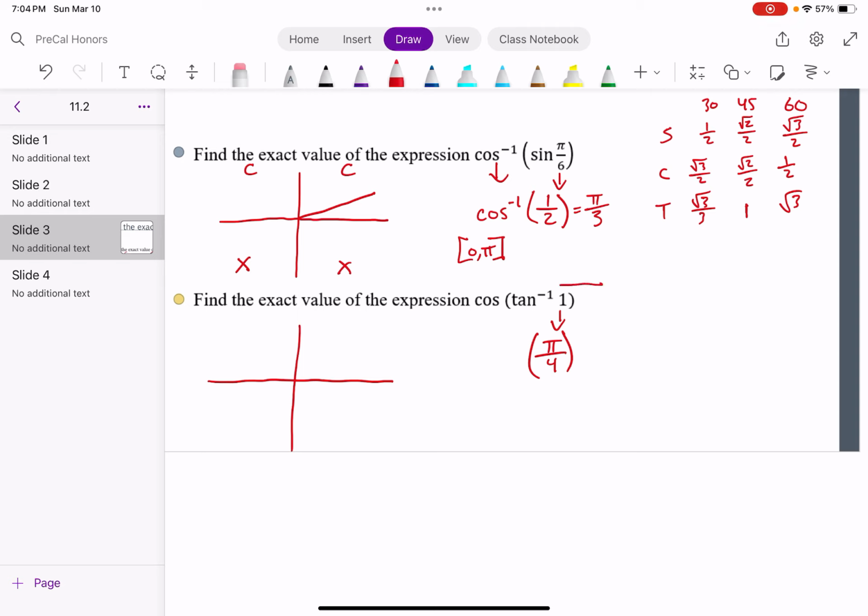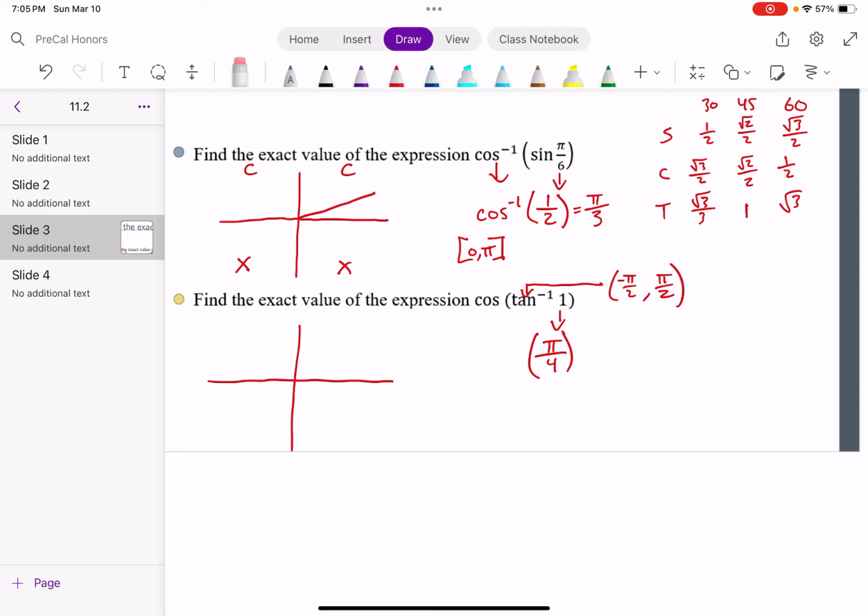Keep in mind, the tangent inverse, the range for it, would be negative pi over 2, comma, pi over 2. So we know that the two values would have to be equal to each other in order to give us a value of 1. Considering how this is a positive 1, there are only two places where this can occur.